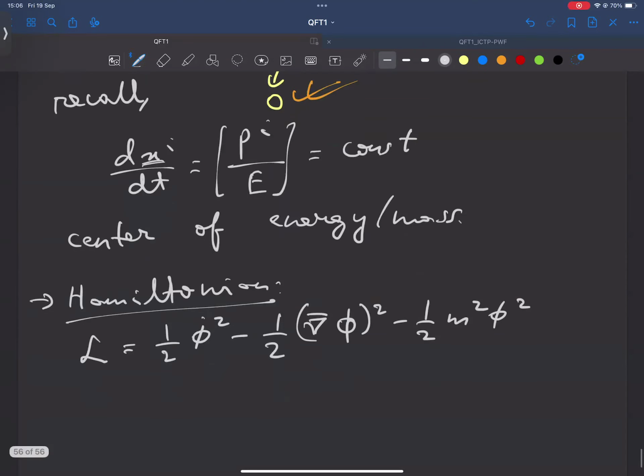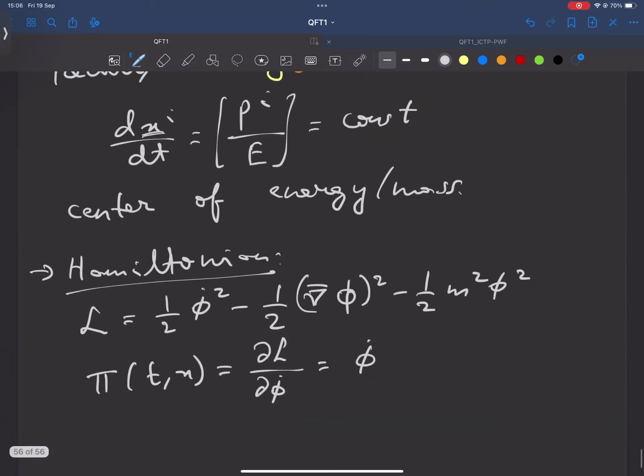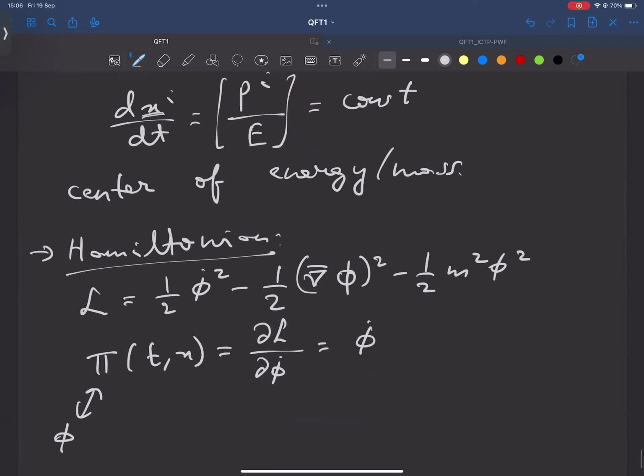We can define a canonical momentum, which will again be a field. In this case, this will just be this. So pi is the canonical momentum of the field phi.